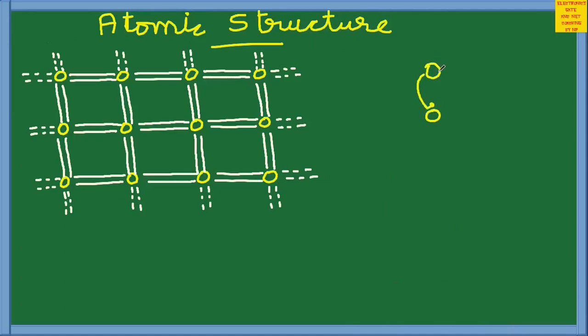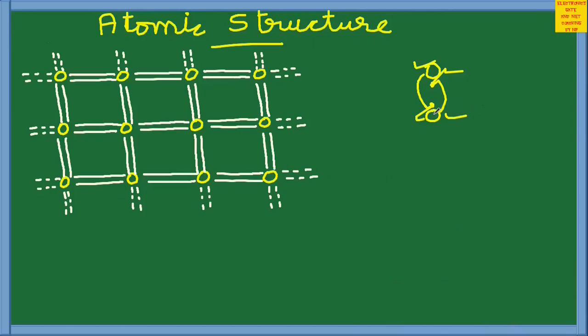And this atom also has 4 valence electrons, and it will share one valence electron with this atom. And when this atom shares its electron with this atom, this electron now belongs to this atom and also to this atom. And similarly, this electron now belongs to this atom and also to this atom.